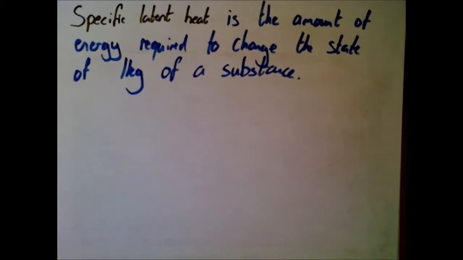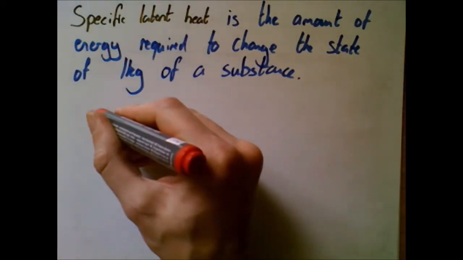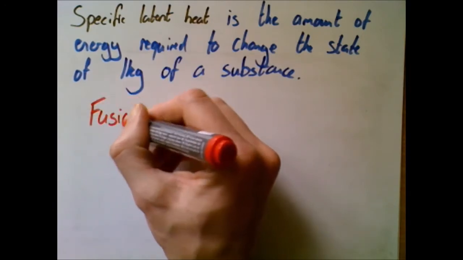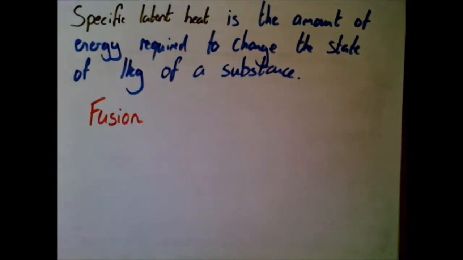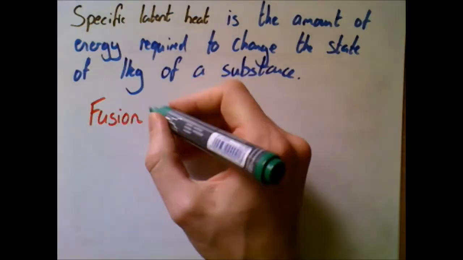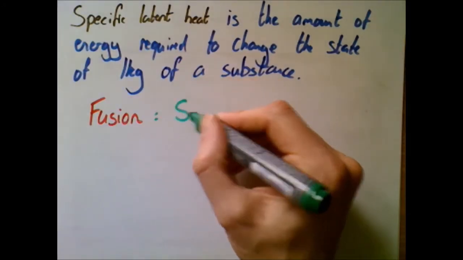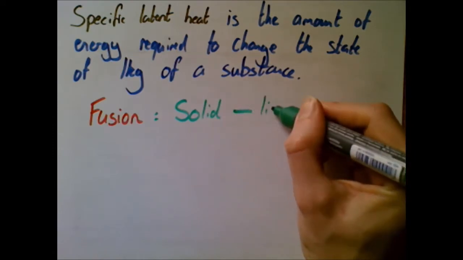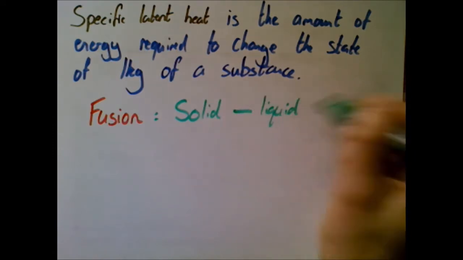And so there are a couple more key words that we need to know about here, to do with the different transitions. You can have what's called the specific latent heat of fusion, which relates to the solid to liquid state change.